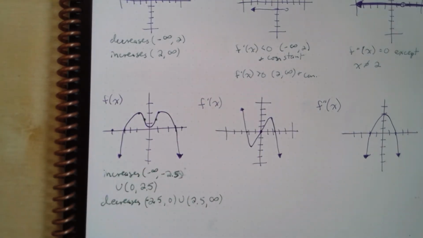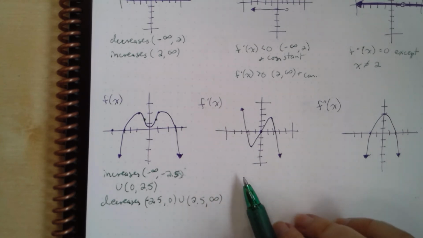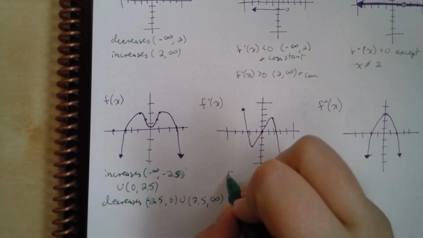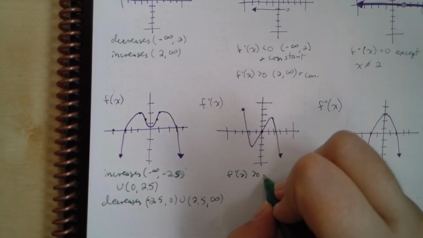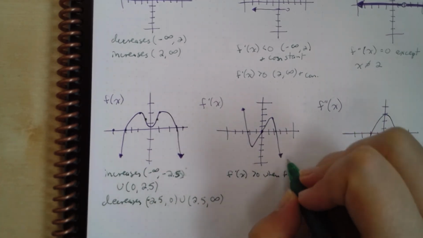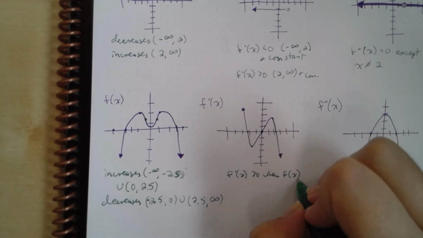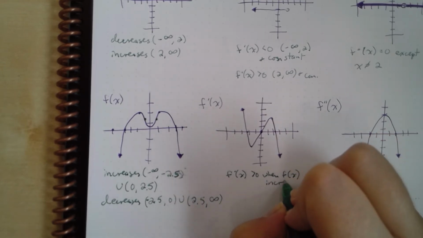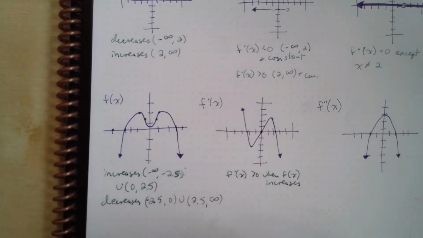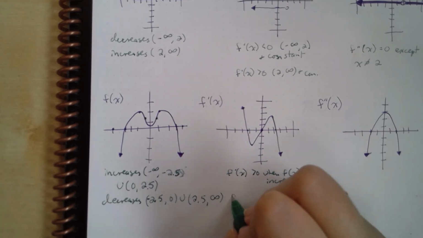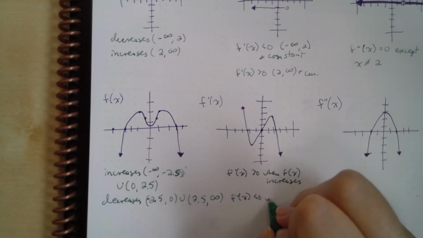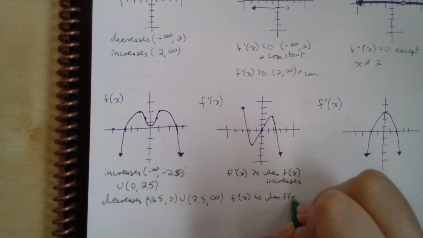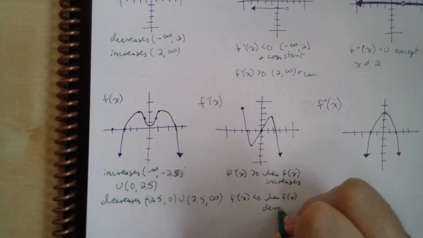All right, well, let's look at our f prime of x graph here. f prime of x is greater than 0 when f of x increases, right? And that should be the pattern you're seeing now. And f prime of x is less than 0 when f of x decreases.